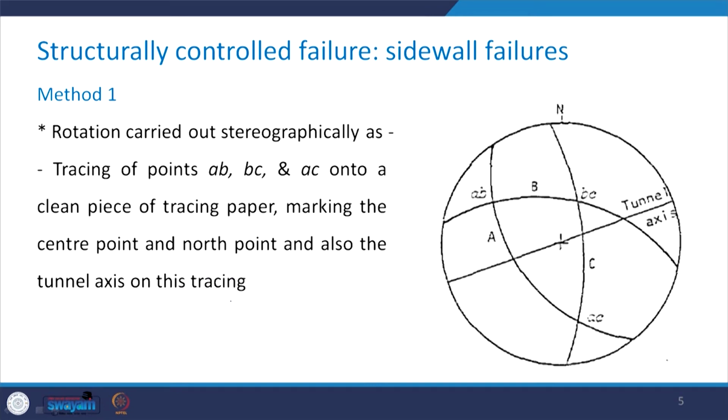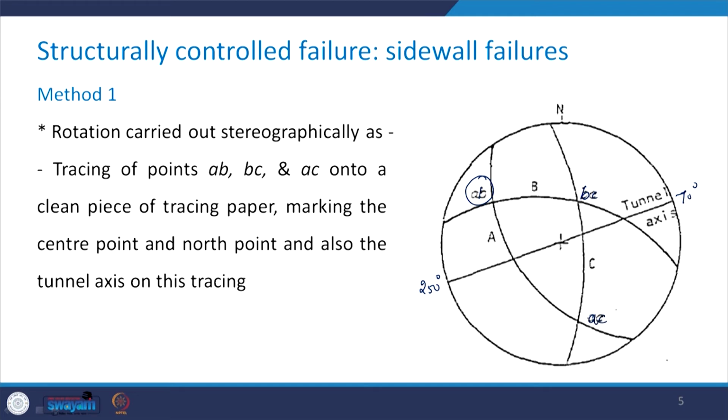Let us see how this rotation can be carried out stereographically. This is the figure. Here is your tunnel axis, 250 degree and 70 degree. We have these intersection points AB, BC and AC.